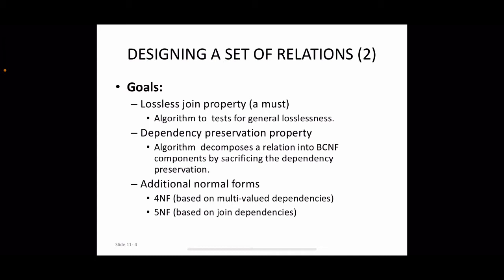When we join two different relations and create tuples, there should be no spurious tuples. Unwanted tuples should not be there. Meaningless tuples should not be generated. That is what we mean by the lossless join property or non-additive join property. That's a must condition when we decompose relations or design a set of relations.